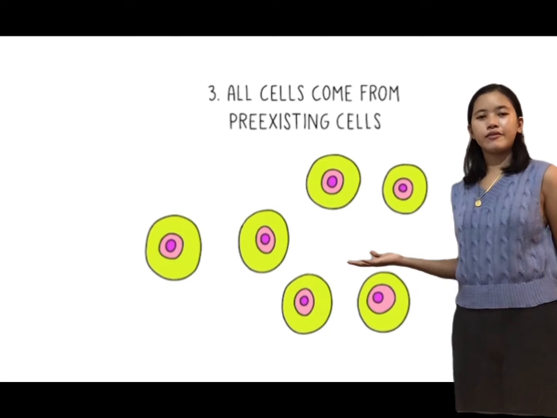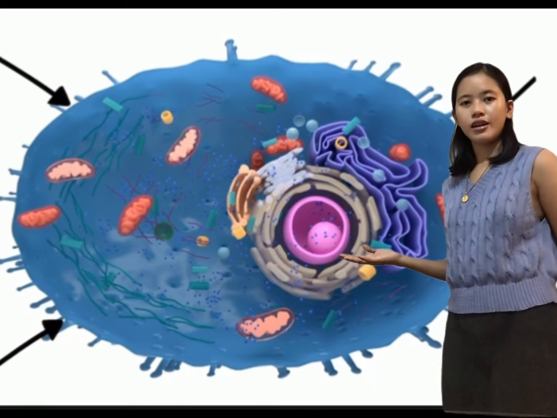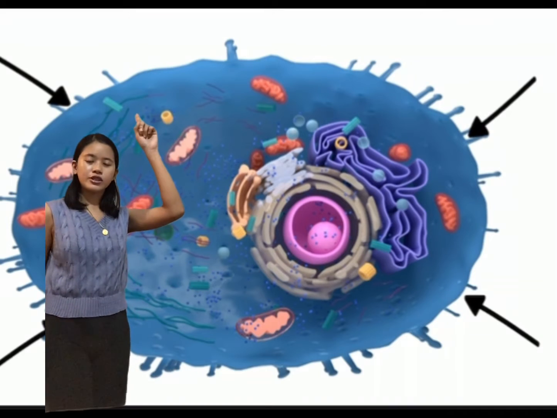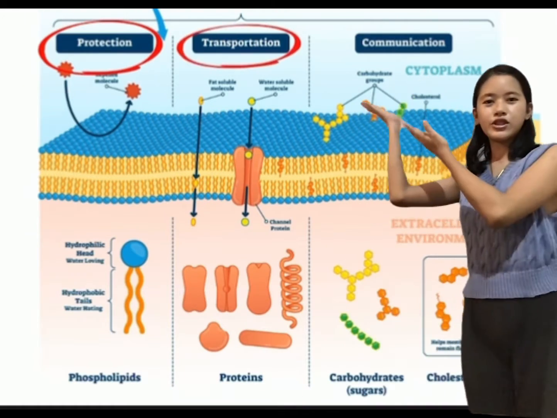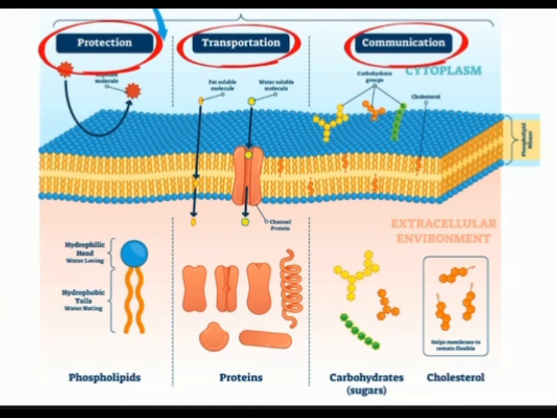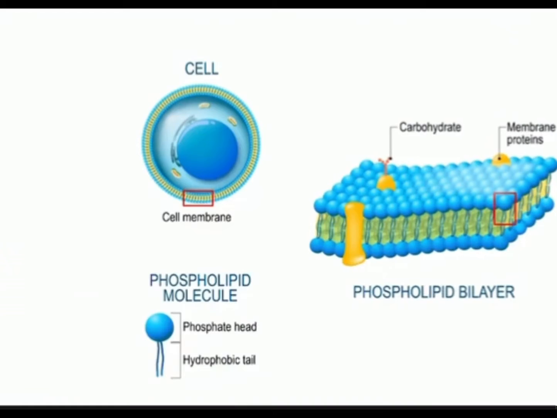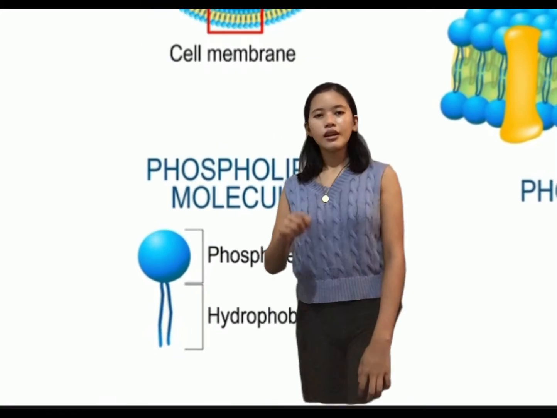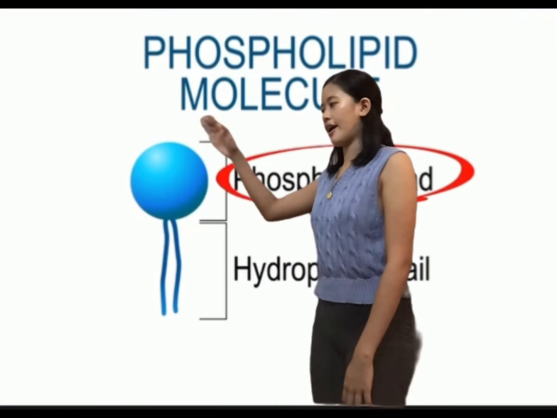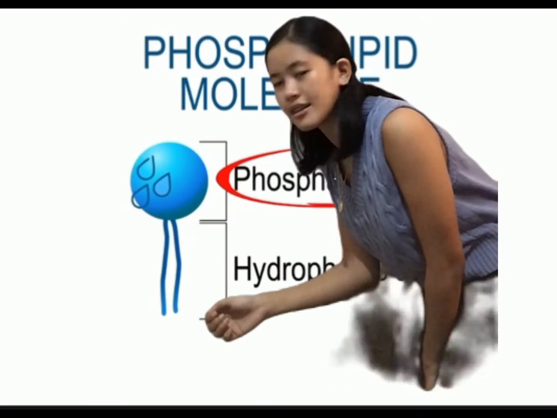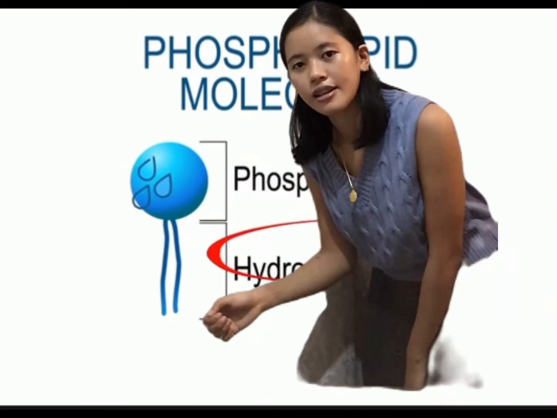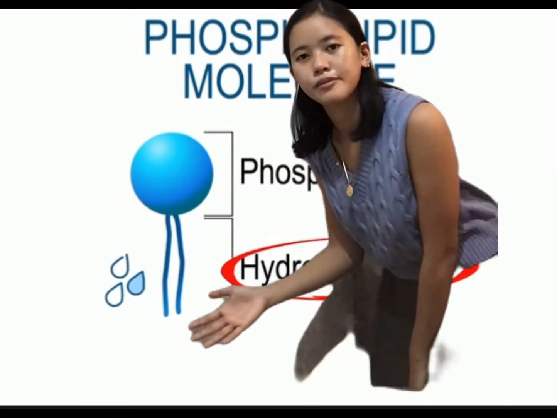The cell membrane is a very complex layer that surrounds the cell. It helps with protection, transportation, and communication. The cell membrane is made primarily of phospholipids. Phospholipids have a polar head, which attracts water, and a non-polar tail, which repels water.